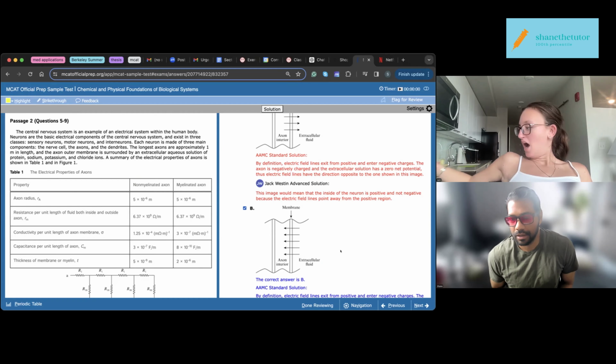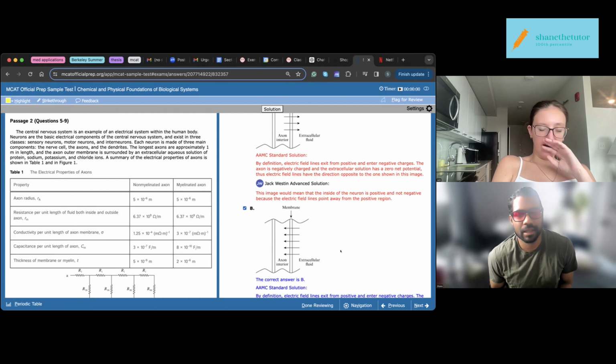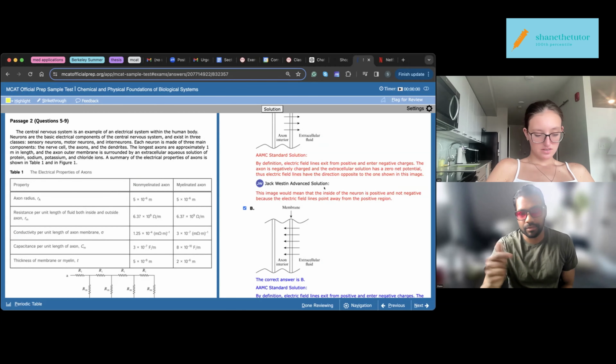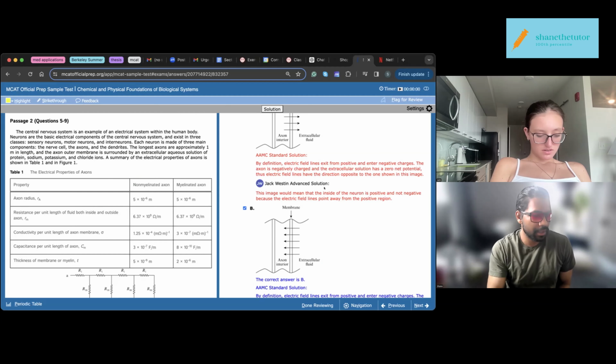I didn't know what the rules were for electron gradients, so I just used the context of biology, like a cell membrane. The thing is that things aren't really moving here.